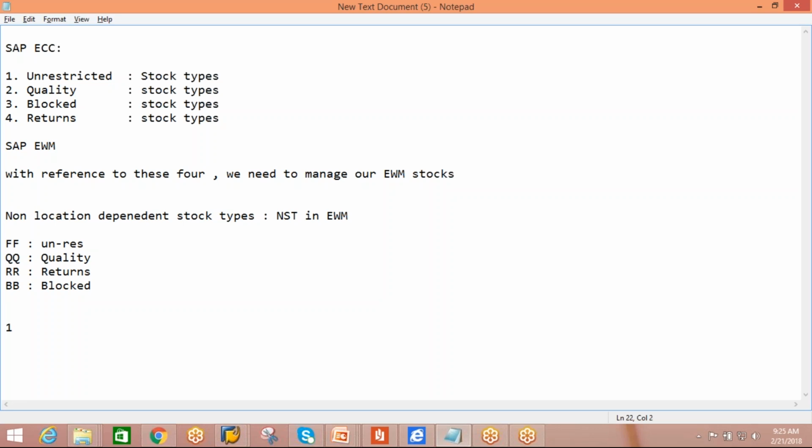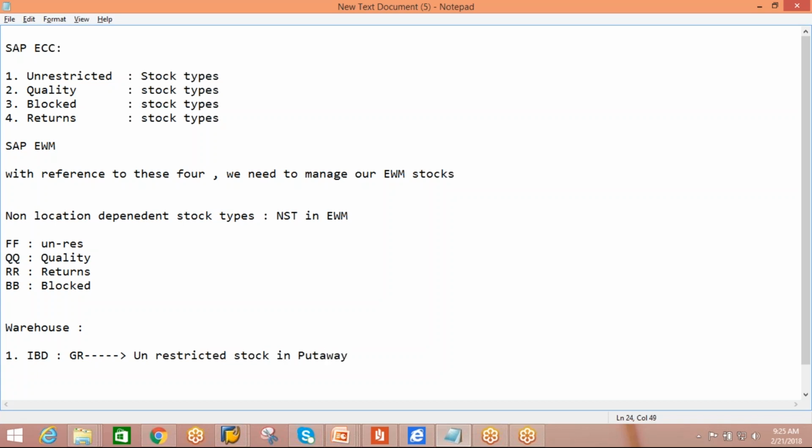Say I am mapping my warehouse like this. Whenever I get the inbound delivery and GR, that should be treated as unrestricted stock in putaway.